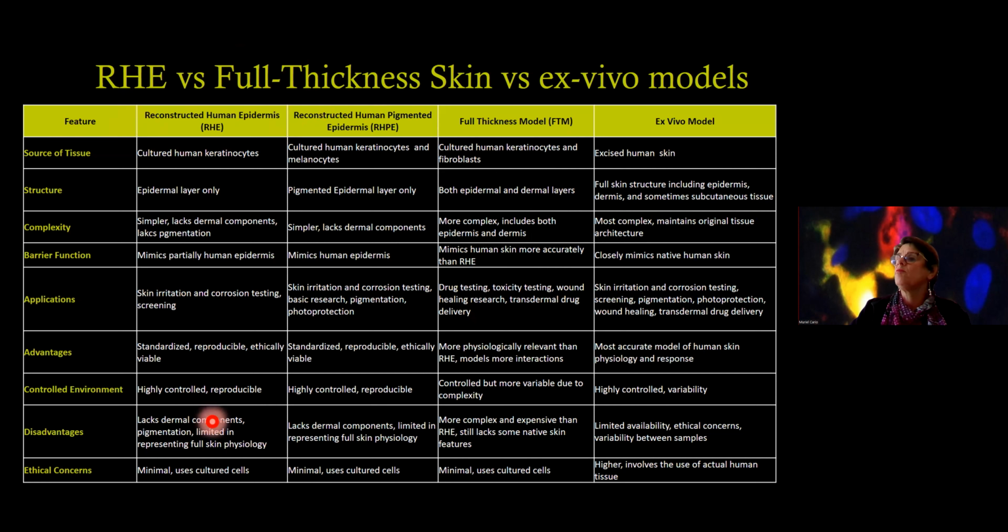Knowing that this model on RHE, mainly on polycarbonate filters, is very reproducible, highly controlled, whereas these others are more complex, more variable, and you will need more experiments to know if your molecule is effective than in the model using polycarbonate filters.